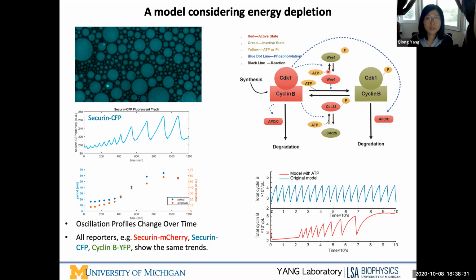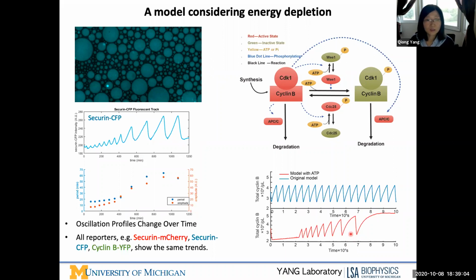So if ATP is consumed, you would expect more Wee1, which is the inhibitor of CDK1, and less CDC25, which is the activator of CDK1. Therefore, the activation of CDK1 will be very sensitive to the energy level. And that simple inclusion of ATP allows us to recapitulate the major properties we see experimentally, such as increased period, amplitude, and baseline.